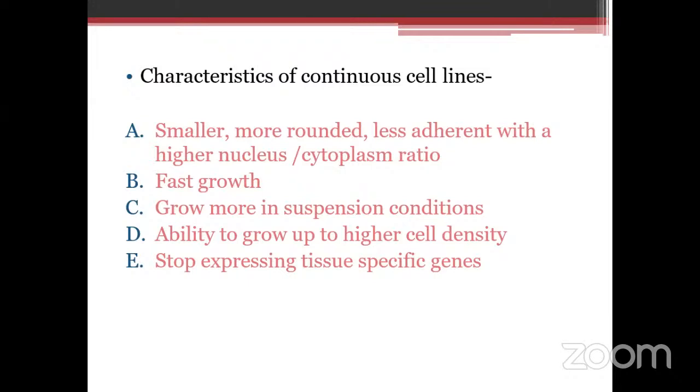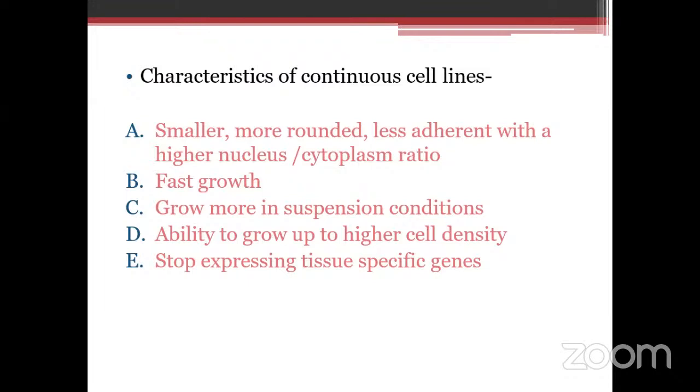But after some days, if you are not changing the media, or if there is contamination, or even because of overgrowth, the cells will start floating. The floating cells are dead cells. Before attachment, you cannot say they are dead cells because they need time to get attached. But once they have attached, if they are floating after some time, then they are dead cells.